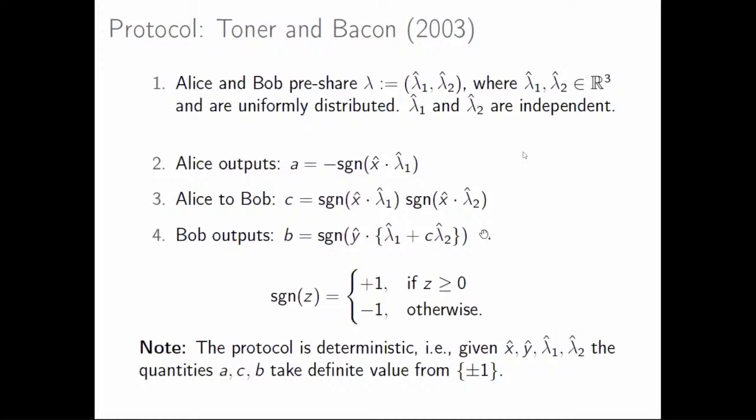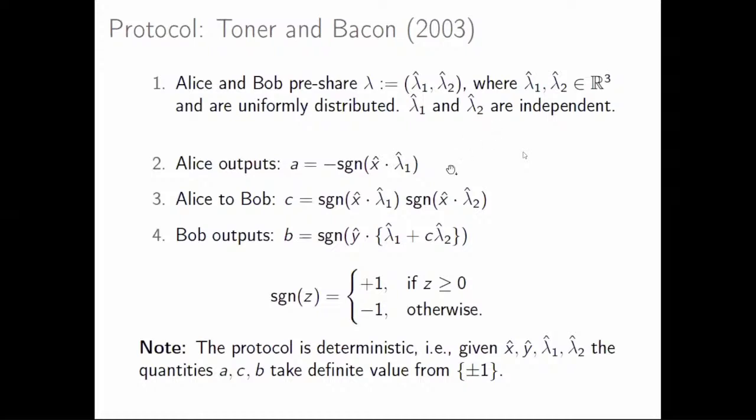I can just mention the steps of the protocol. So they pre-share this randomness, basically two vectors on a sphere.